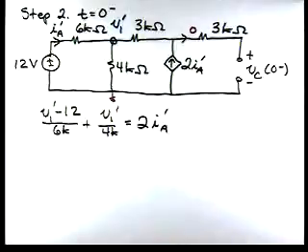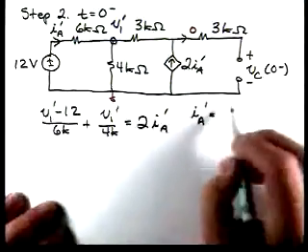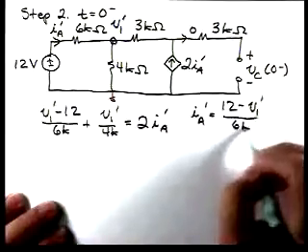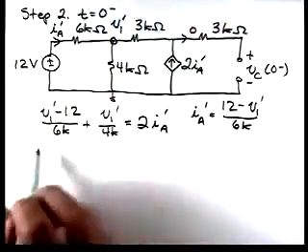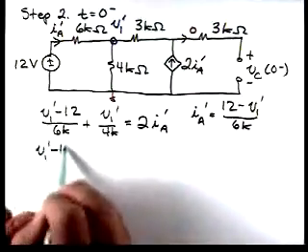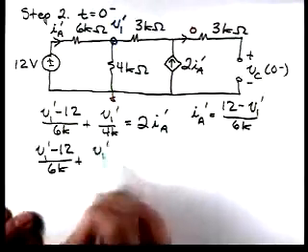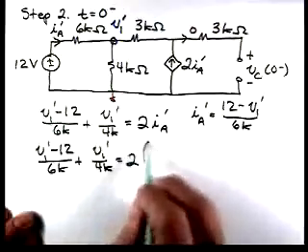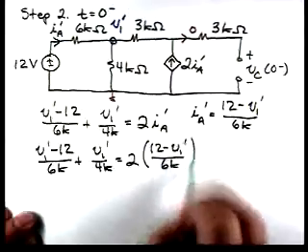And if we look in our circuit, IA prime is 12 minus V1 prime over 6K. So now let's substitute that in. So we have V1 prime minus 12 over 6K plus V1 prime over 4K is 2 times 12 minus V1 prime over 6K.